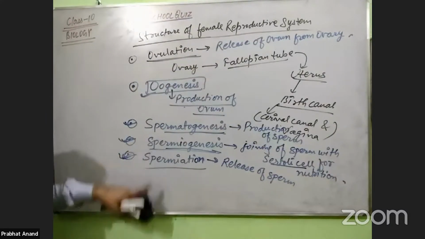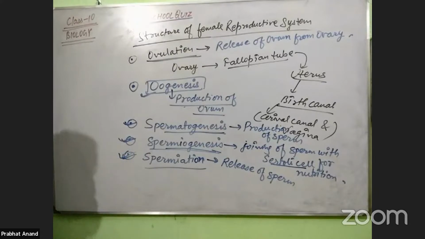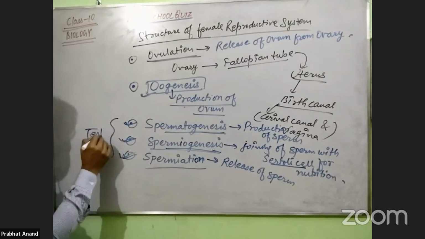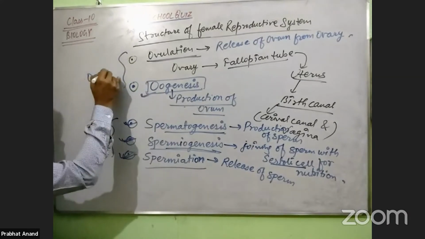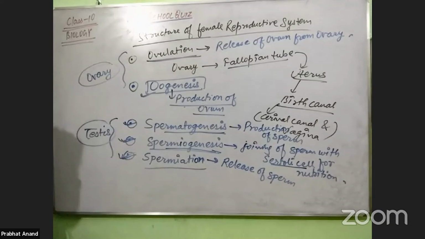These three processes take place in the testes, and these two processes take place in the ovary. Right? Everyone clear?